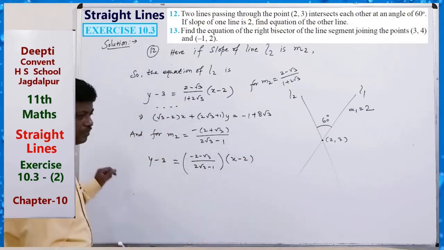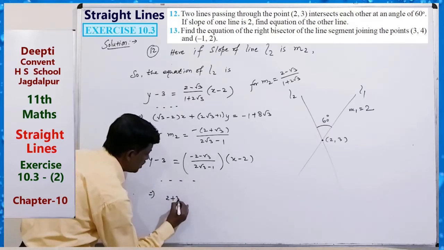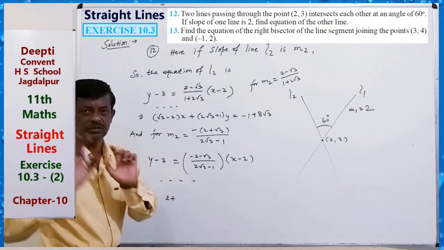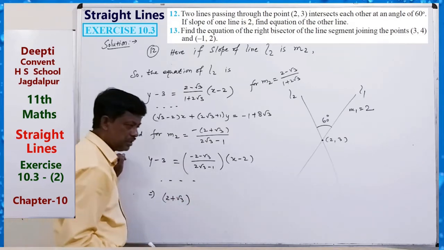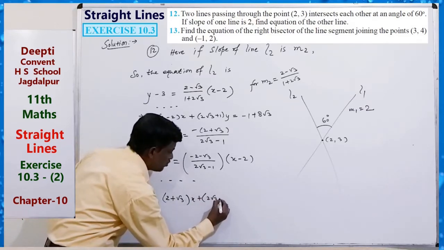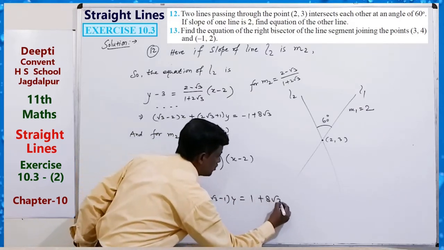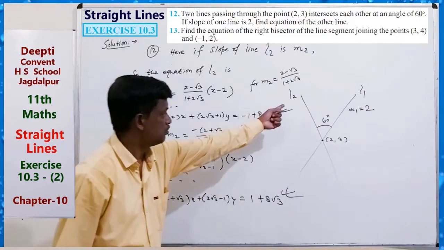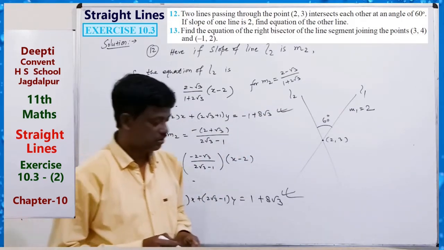Simplify it also: (2 plus root 3) x plus (2 root 3 minus 1) y equals 1 plus 8 root 3. So the other equation of L2 may be either this or this. This is our solution of question 12.